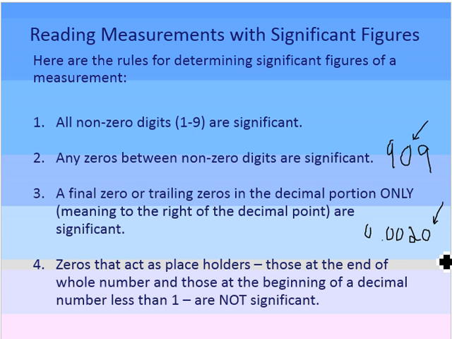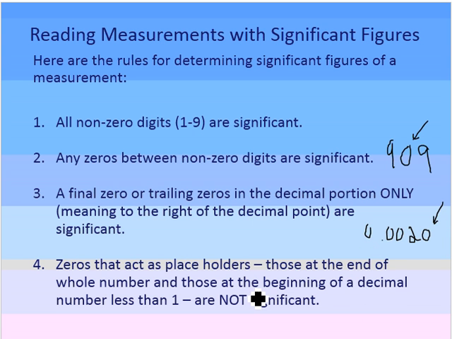Zeros that act as placeholders, those at the end of a whole number or those at the beginning of a decimal, like these, that are less than 1, are not significant. So in this case, these would not be significant. Here, this 0 is just a convention. I generally put a 0 in front of my decimal point if I'm giving a number that is a decimal, just to make sure that decimal point is really highlighted.